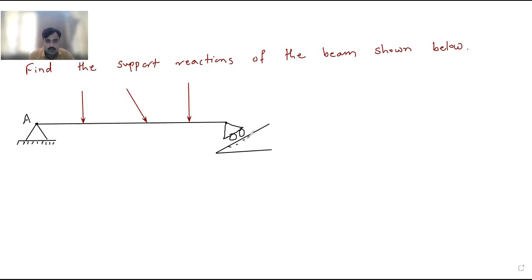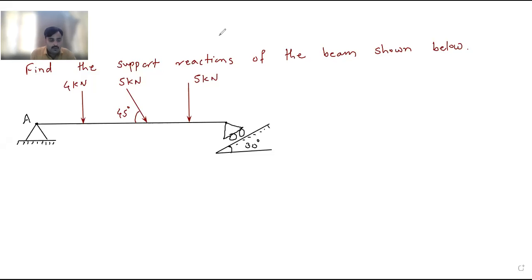This is our plane, and this angle is given as 30 degree. And these forces are 4 kilonewton, 5 kilonewton, and 5 kilonewton. The angle of this force is 45 degree.